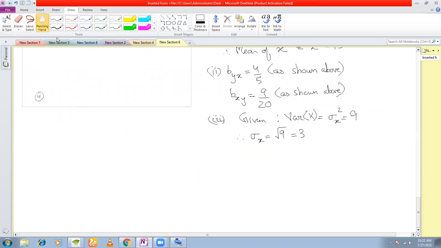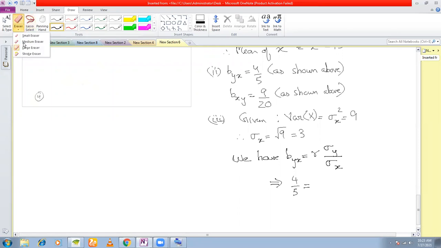So we have byx is equal to r, correlation coefficient between x and y, sigma y by sigma x. Put the values. Byx value is 4 by 5. We have not found out the value of the correlation coefficient. Let's first find out the value of the correlation coefficient.